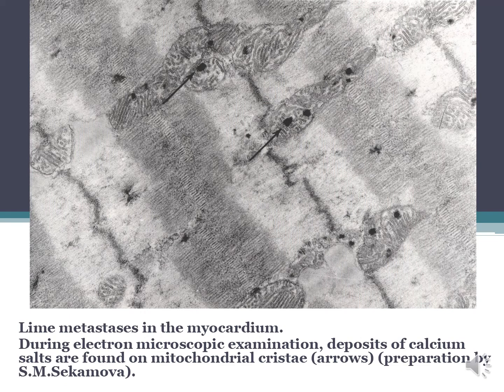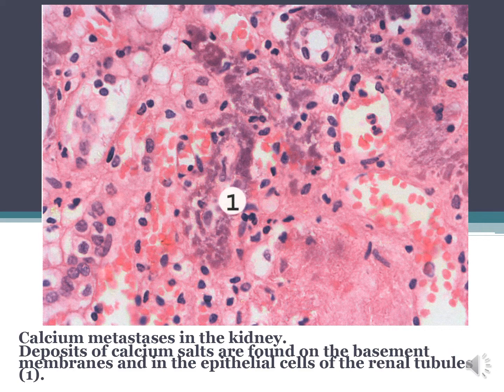Here we see metastatic calcification under the electron microscope, with dark black areas of calcium salts accumulation within mitochondrial crystals. Look here, we see again such accumulations in the kidney, also calcium metastasis in the kidney. So you see dark blue, violet color salt accumulations.